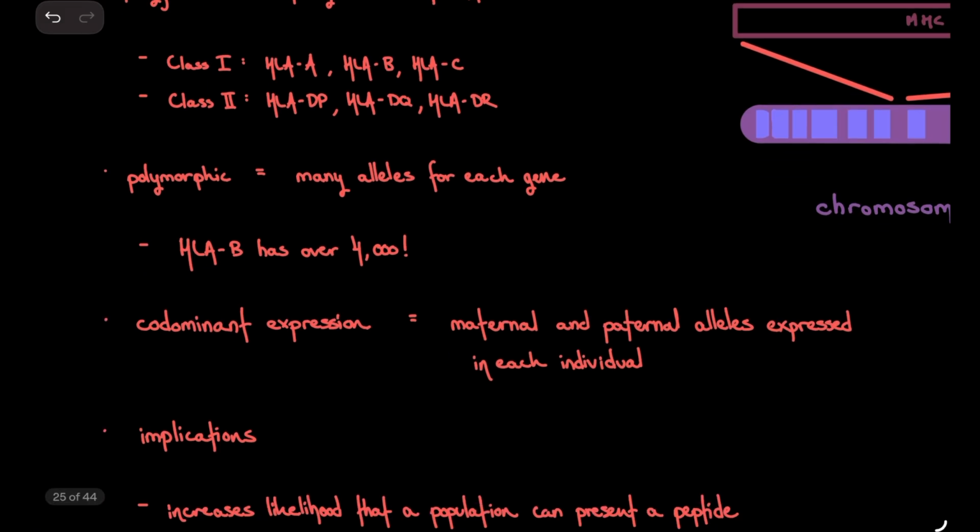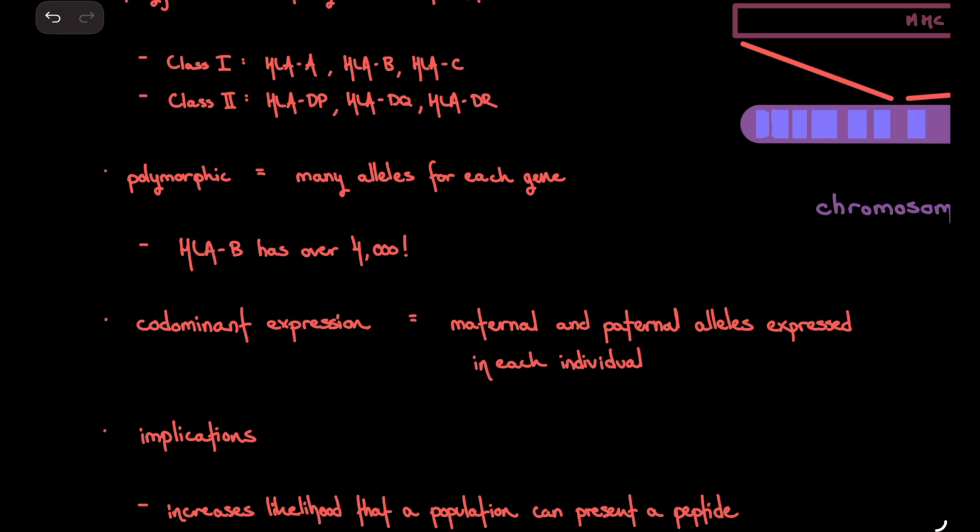Now, it is codominant, meaning the maternal alleles you get and the paternal alleles you get are expressed in each individual. So that's why you have a 25% chance of having the same HLA antigens as you do your siblings.